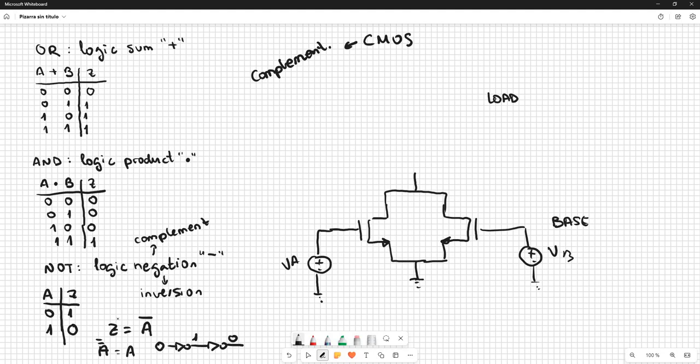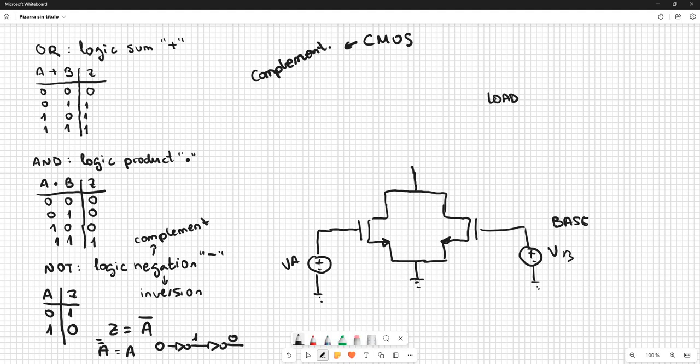The complementary of an NMOS transistor is going to be a PMOS transistor, and they have to be connected in the complement way of this connection. This connection, I told you, is called parallel, because both transistors share the same nodes, so they are in parallel. So the complementary parts have to be in series, one transistor after the other. I'm going to show you.